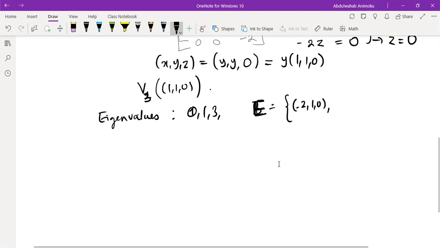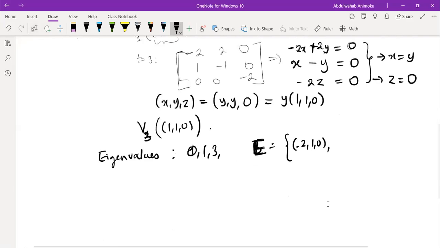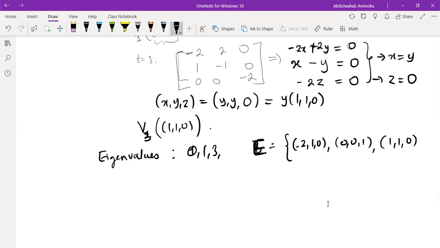The second one that we got was 0, 0, 1. And the third one is 1, 1, 0.